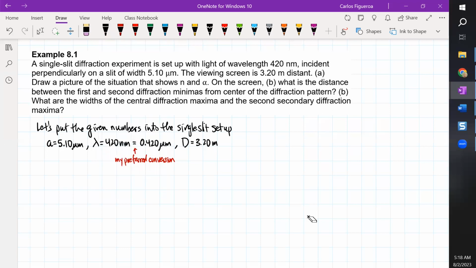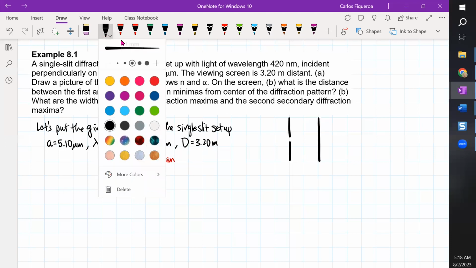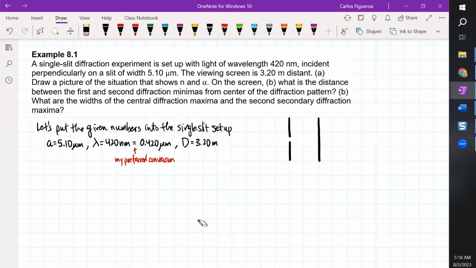So if I think of a setup, I'm going to have a single slit, and then here's going to be my screen right here. So now if I start putting in my numbers, a wavelength of 420 is pretty close to the end of the spectrum, so I'm going to say that this is violet light coming in.